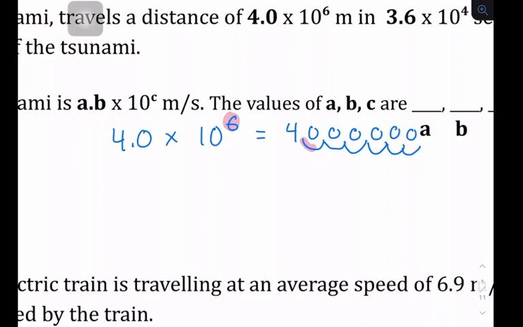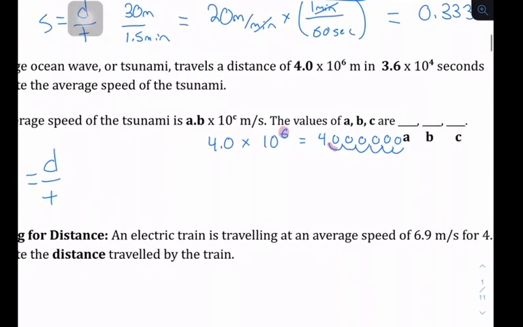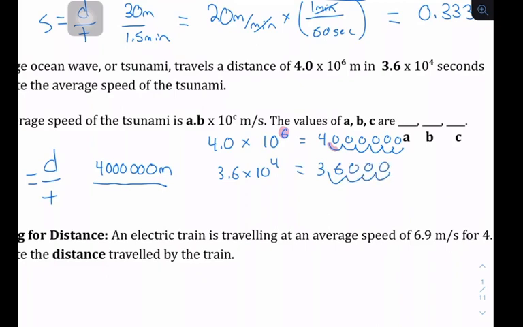This would be 4 million. So our distance is 4 million meters. And that's divided by a time. Well, our time is a lower exponent, 3.6 times 10 to the power of 4. So 3.6, move it over once, twice, 3 times, 4 times. That is 36,000 seconds.